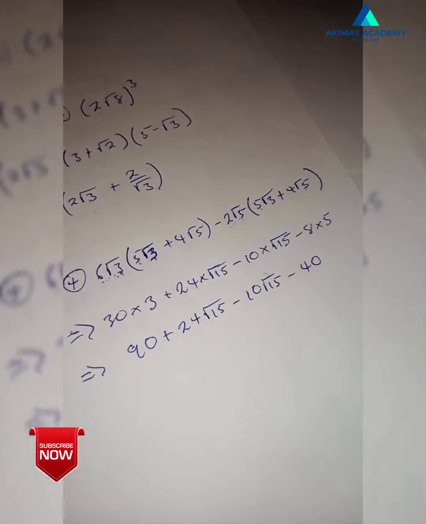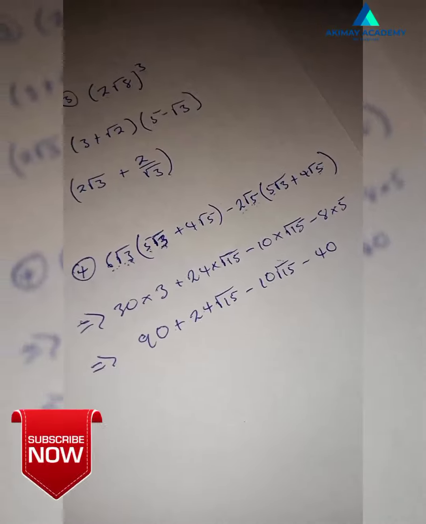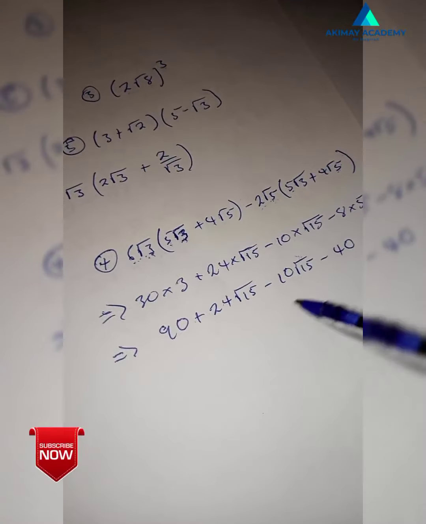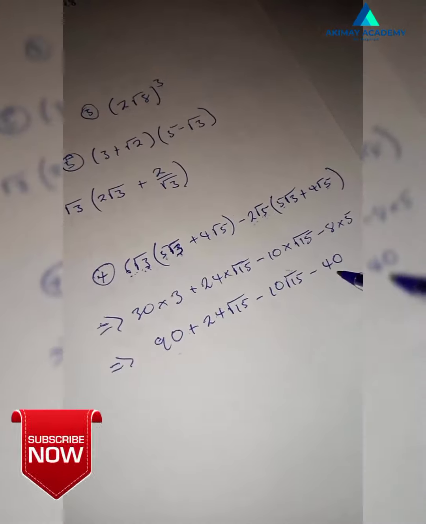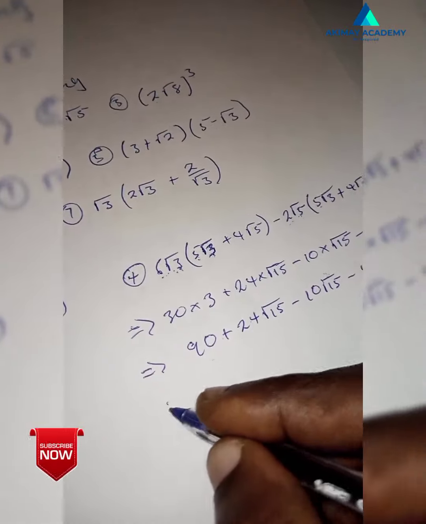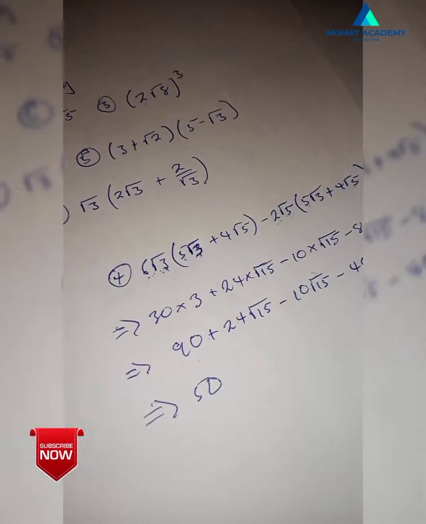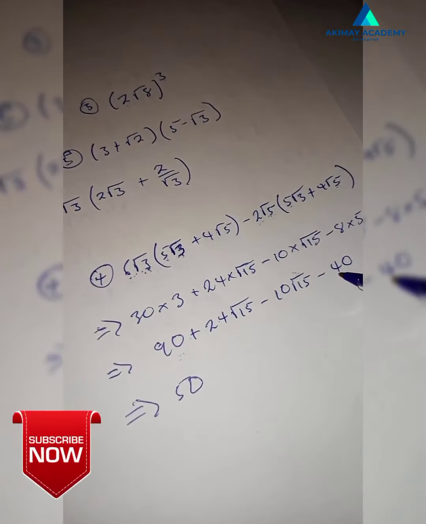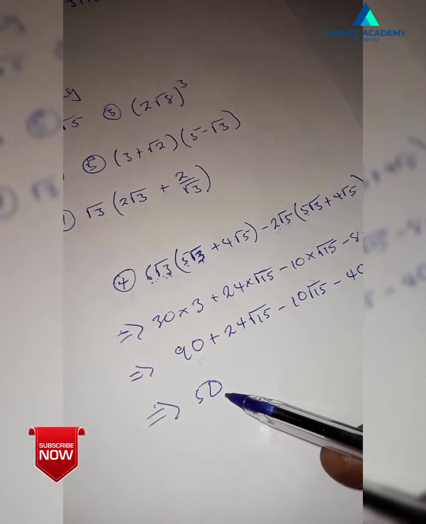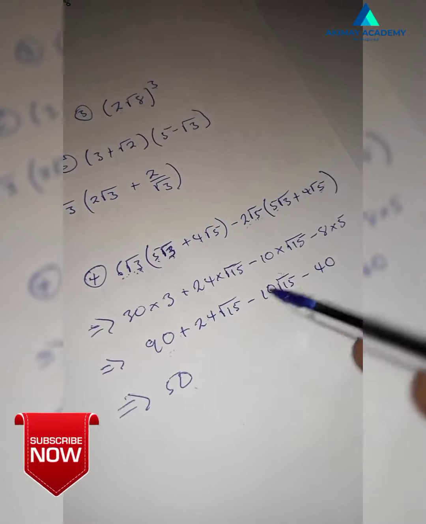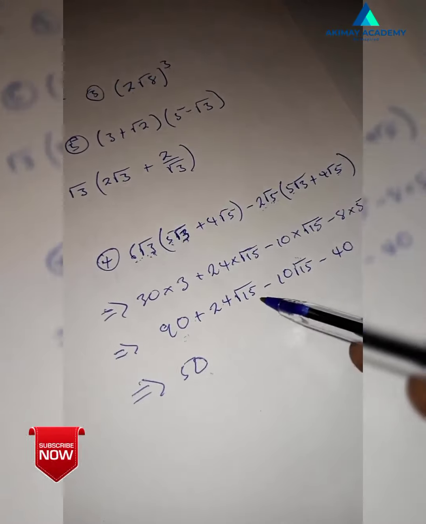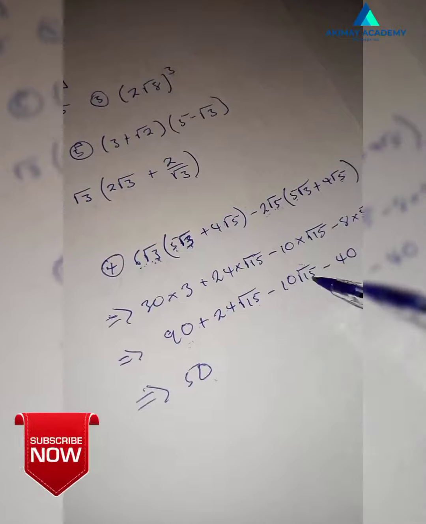Now you can see some similarities over here. 90 is rational, minus 40 is also rational, so we can do the subtraction. We have 50. So 90 minus 40, we have 50. Then 24 root 15 minus 10 root 15, you can see the numbers under the radical signs are the same.